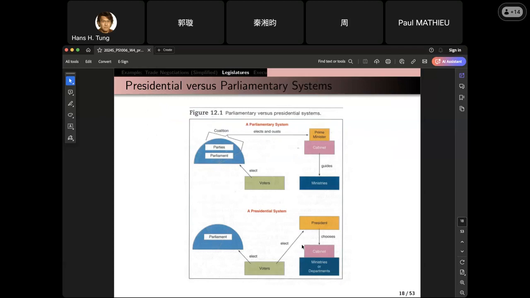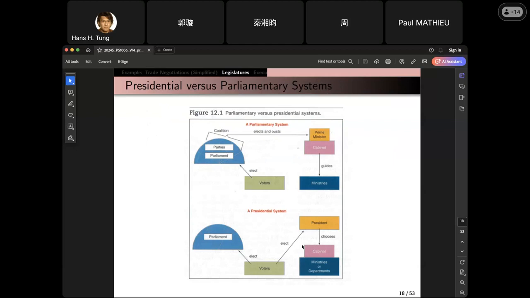So, in other words, in the parliamentary system, you only have one election here. Everything starts from this. But in a presidential system, the case is different. You have a bunch of voters here, but they have to choose two times. They elect a parliament.